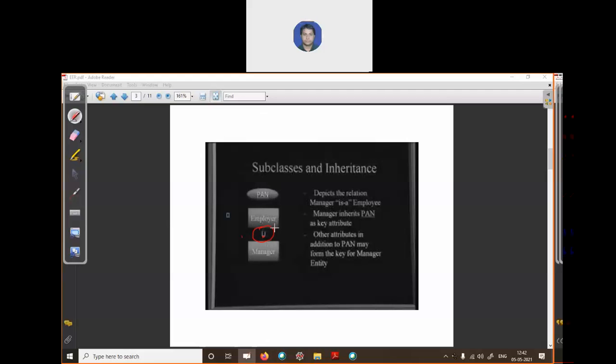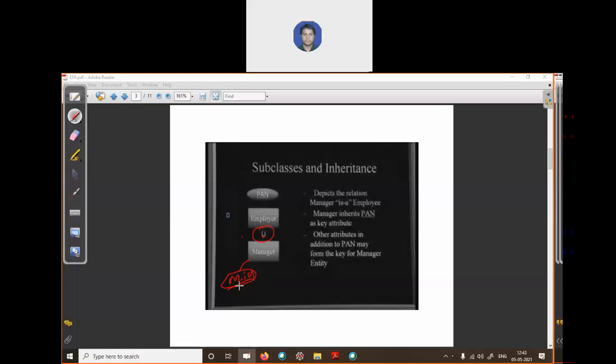PAN is a key of employee, but there is a possibility that manager has its own key as well. You can define a key for manager, like manager ID, another key for manager. Now MID is a key for manager. This manager ID is not a key for employee.